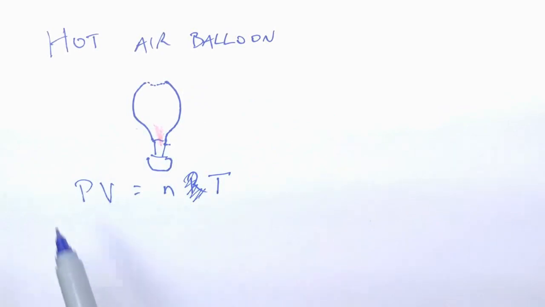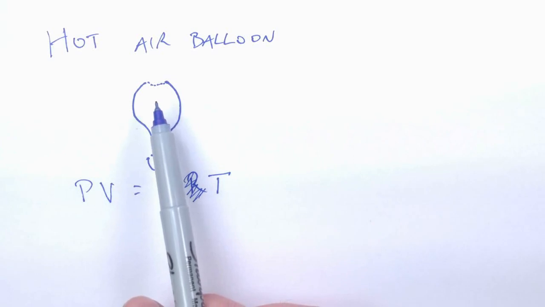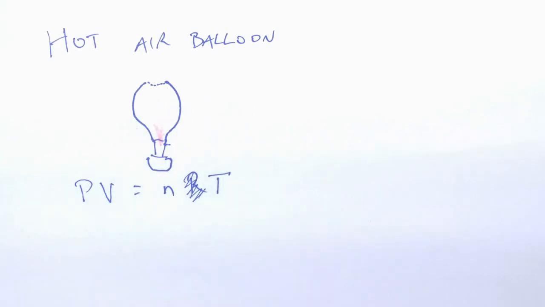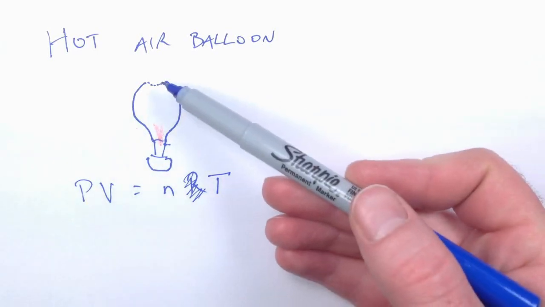What about the pressure? Will the pressure inside be different than the pressure outside? Now, you might be tempted to think the gas expands, so of course the pressure would be different, but that can't be. Can you think of a reason why the pressure inside the balloon has to be the same as the pressure outside the balloon? They're the same for no other reason than they're exposed to each other.